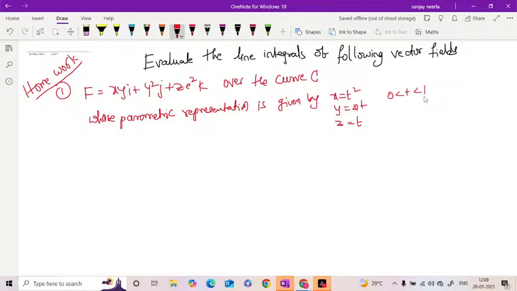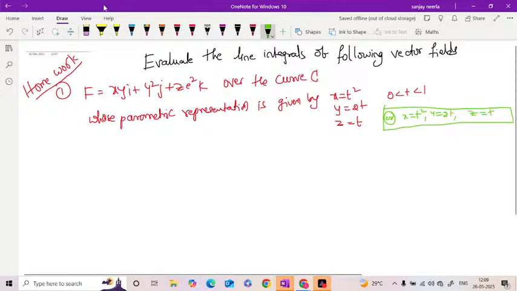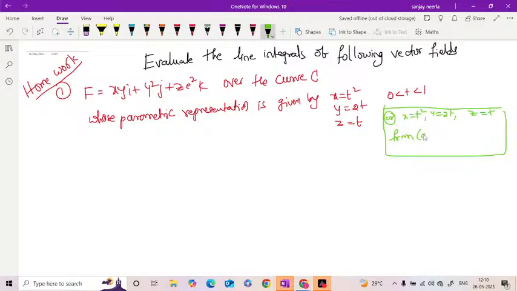are 0 to 1. And sometimes they will give the structure like this also: x is equal to t square and y is equal to 2t and z is equal to t, and like this from the point 0 0 0 to 1 comma 2 comma 1.